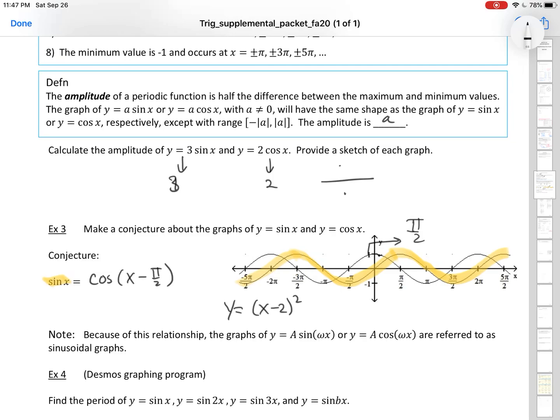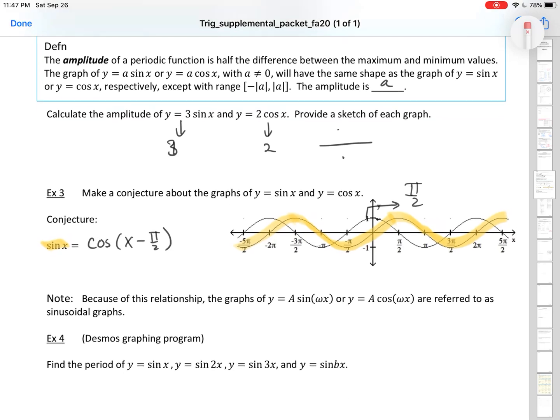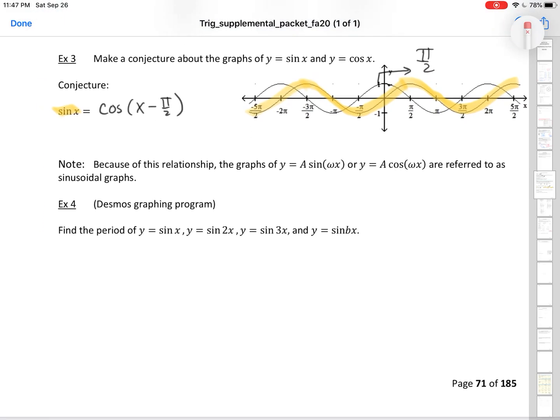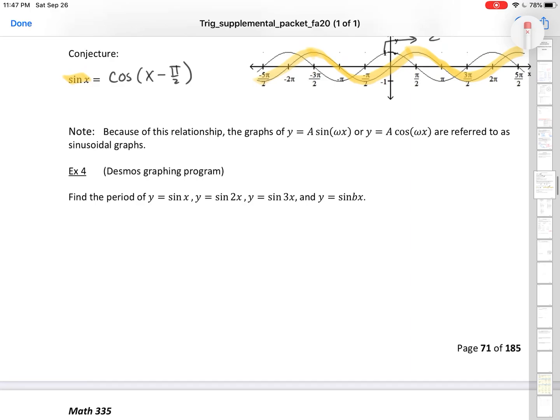It's shifted 2 units to the right, right? It's a parabola shifted 2 units to the right. No difference between that initial work, which was a repetitive thing from your intermediate algebra days. They assume you know so much now. So, find the period of sine of x. No problem.